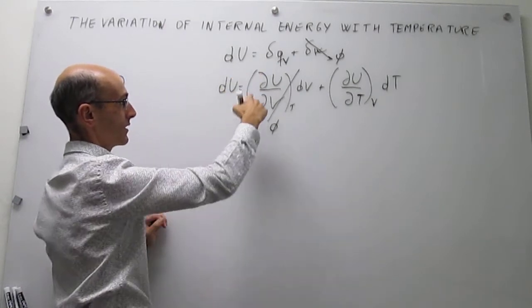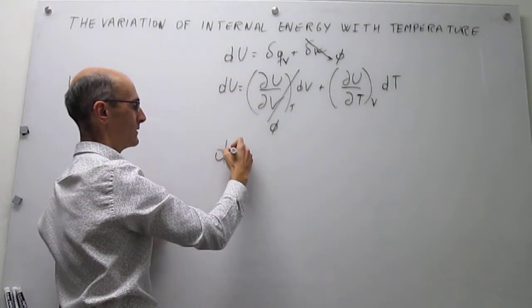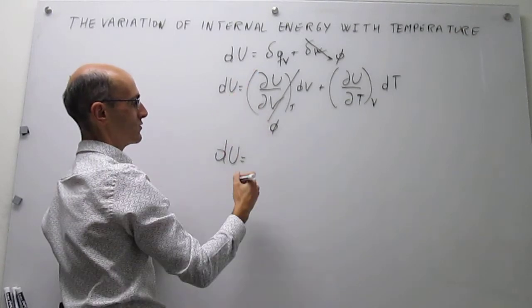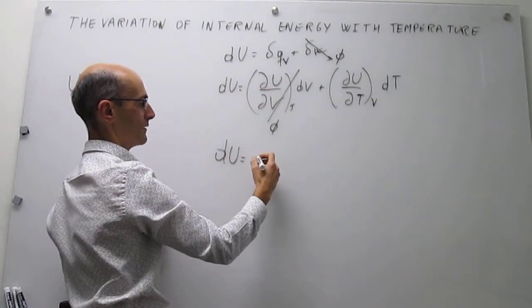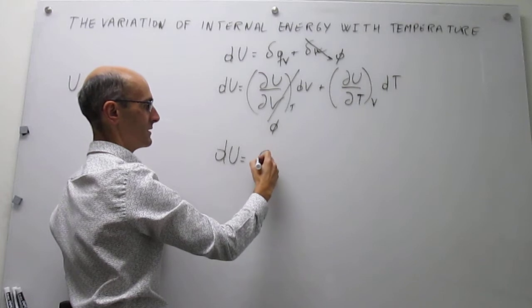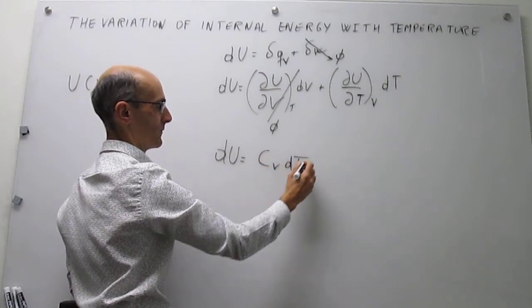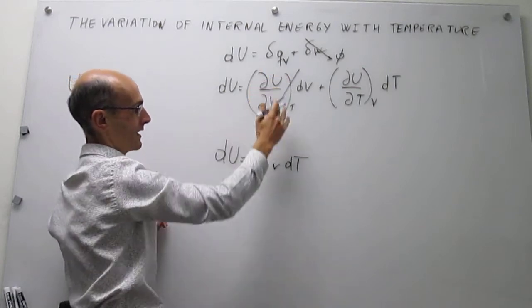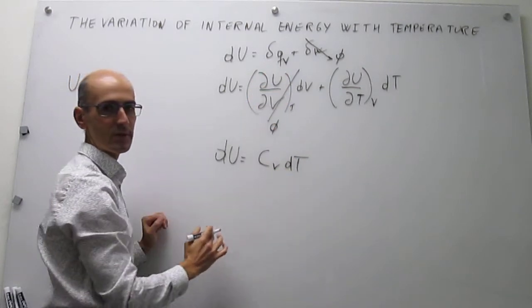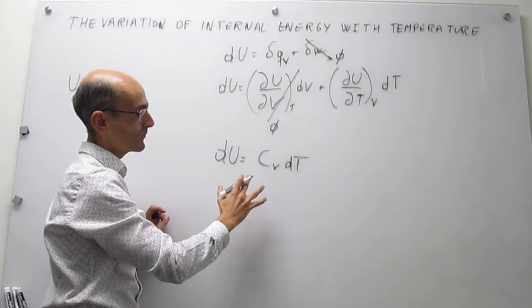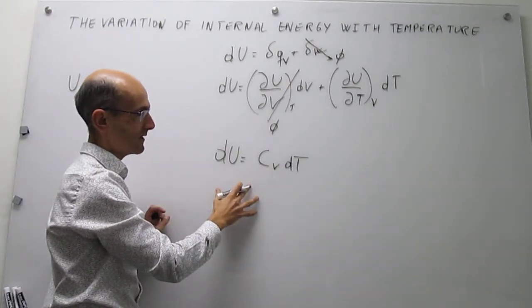We can continue to develop that expression and say differential of U is going to be equal to the differential of the energy transferred as heat, which is C sub V differential of T. That's the amount of energy transferred as heat when you're working at constant volume.